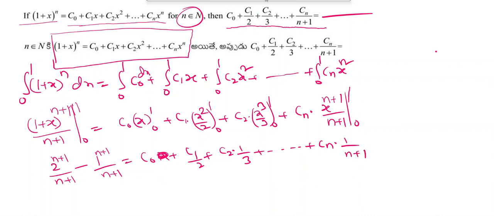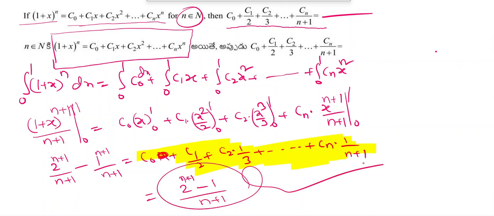So c0 plus c1 by 2 plus c2 by 3 plus cn by n plus 1, this value is equal to, taking LCM on the left side, 2 to the power of n plus 1 minus 1 by n plus 1. This is the final answer.